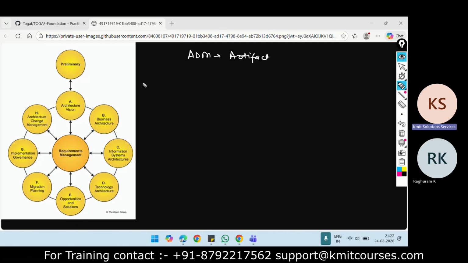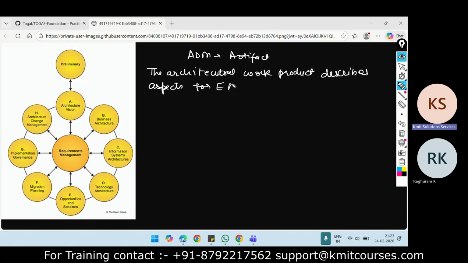So in TOGAF, an artifact is an architecture work product which describes aspects of the enterprise architecture.